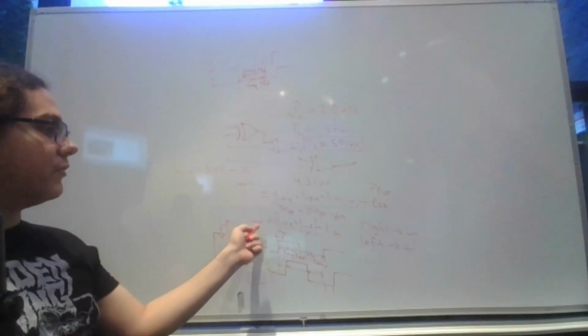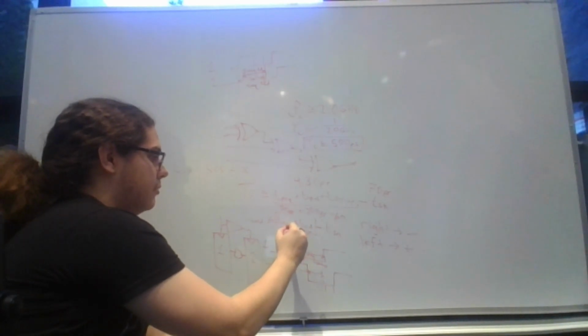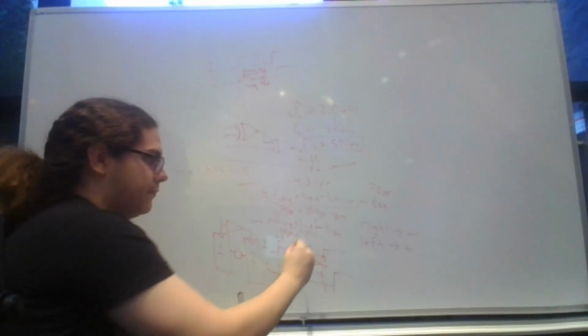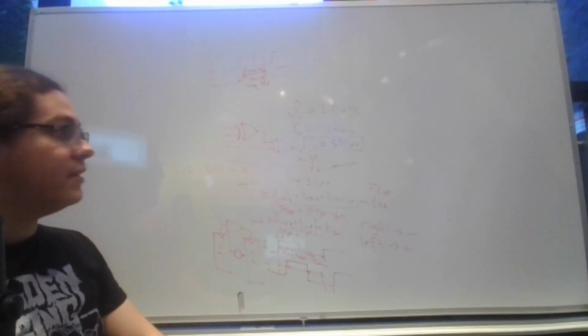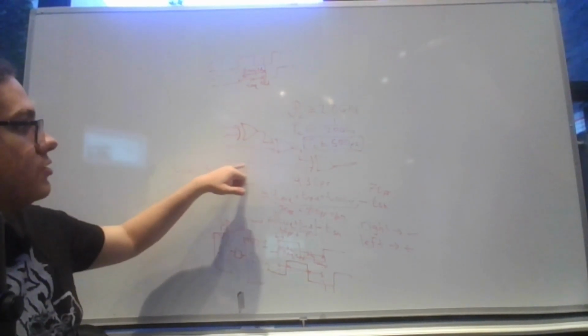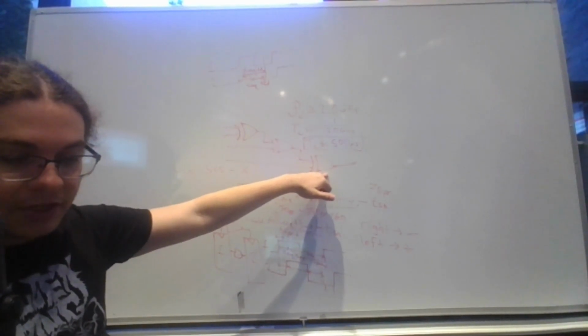So now the next one, for the hold time, is very similar. TCCQ here is 50 picoseconds. And TCD is going to be the fastest path through our circuit. That's just following along this bottom line through one XOR gate, and the contamination delay of one XOR gate is 55 picoseconds.